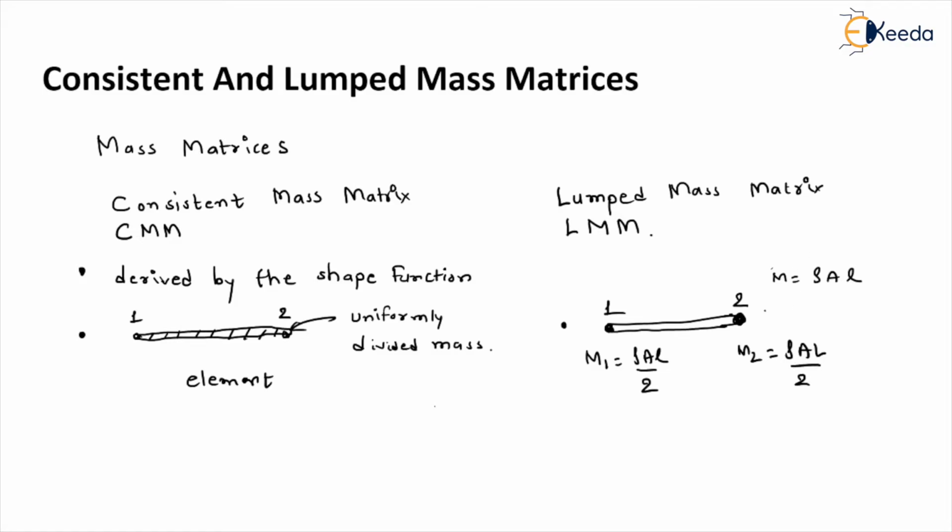Because what we do, total m is equal to m1 plus m2. We are dividing the whole mass and we lump this mass on one node and second node.